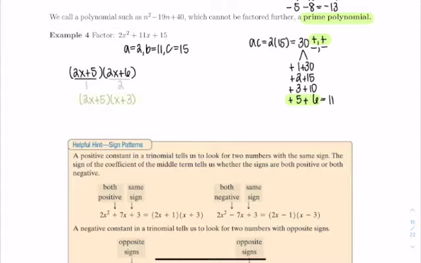We have to divide out whatever they have in common. So between 2 and 5, they only have a 1 in common, but between 2 and 6, they have a 2 in common. So the first one is going to stay exactly the same, but the second one has now turned into x plus 3. And that is your final answer.